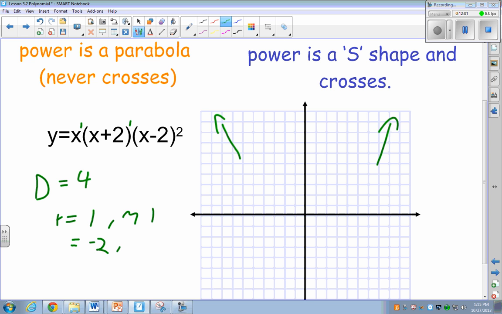And then -2 with multiplicity 1. And then 2 with multiplicity 2. So let's go ahead and graph these. So first, I'd start off from the left with the lowest 0. So that's a multiplicity 1, so it's just going to go through the point -2.